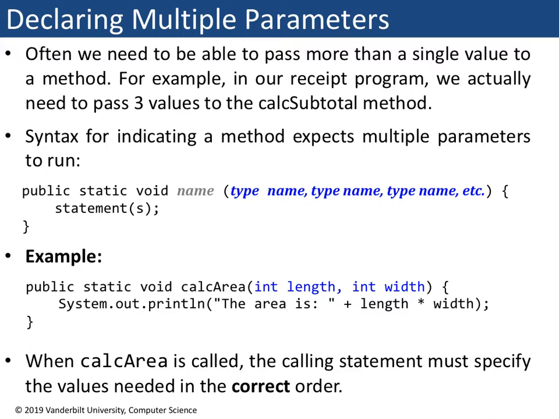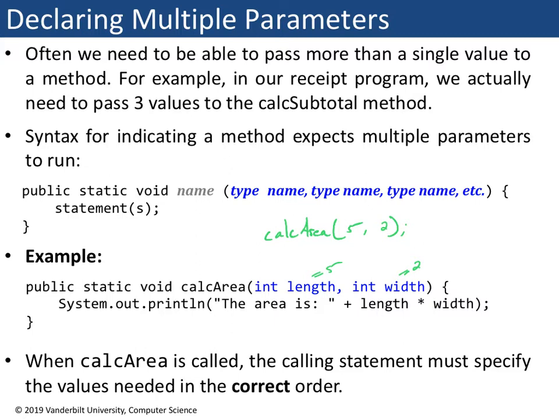So when we call this calc area from the main, if I define the length in the call to be 5 and the width in the call to be 2, then the length here will take on the value 5 and the width will take on the value 2.